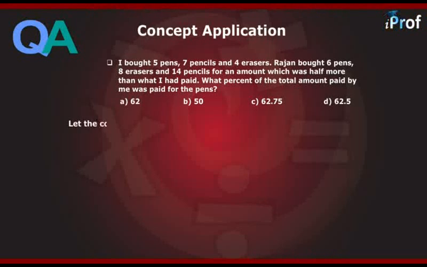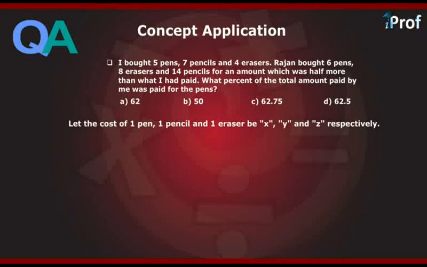Let the cost of 1 pen, 1 pencil and 1 eraser be X, Y and Z respectively. Thus, the cost of 5 pens, 7 pencils and 4 erasers is 5X plus 7Y plus 4Z, that is equal to C. That is the total cost which I had paid.